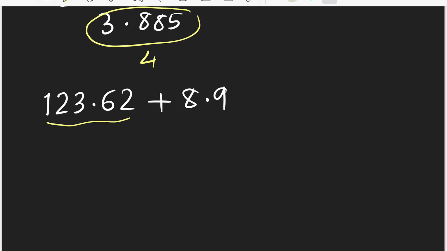The first number has 5 significant figures, and the second one has 2 significant figures. But the result is 132.5. This has 4 significant figures.